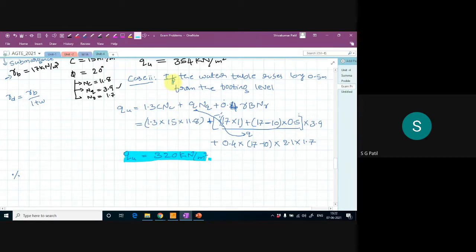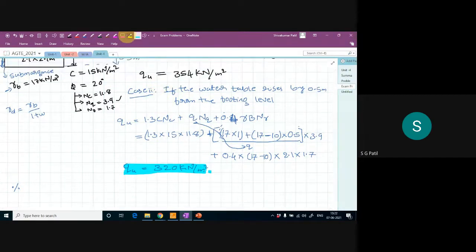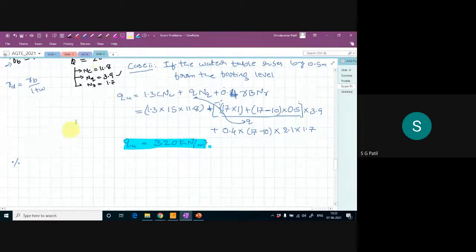Okay, so how much percentage is it decreasing from case 1 to case 2? Tell me. Yeah, almost 10%.